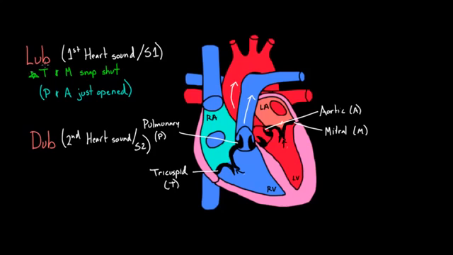So what's happening with dub? Well, the opposite. And what I mean by that is, let me now show you what happens a moment later. After the ventricles are done squeezing, then we get to a point where you might have a little bit of flow that way and that way, just as I drew before, and these valves snap shut as well.